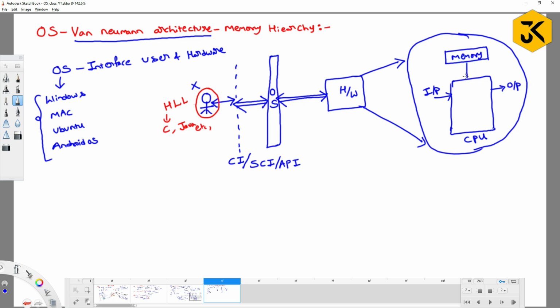And memory and CPU are connected. If you look into the CPU internally, it contains one control unit and another arithmetic logical unit, right?